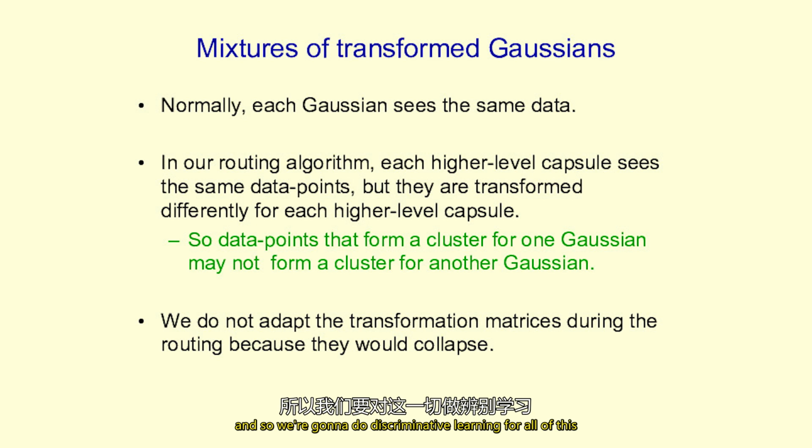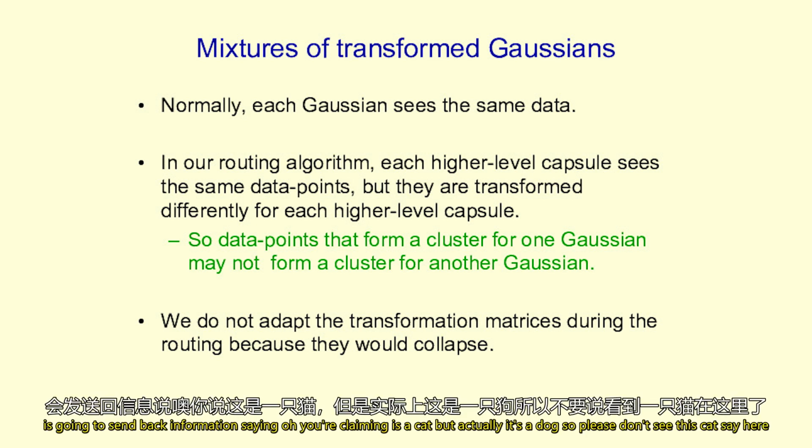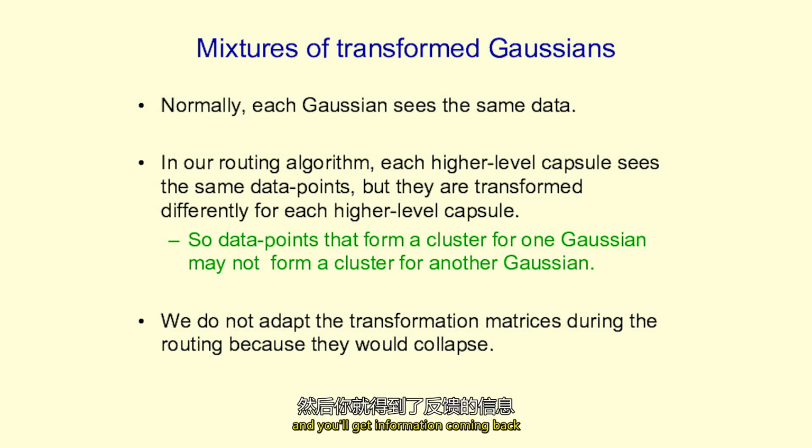And so we're going to do discriminative learning for all of this. So the high-level decision about what the object is going to send back information saying, oh, you're claiming it's a cat, but actually it's a dog. So please don't see this cat's ear here. And you'll get information coming back that says, make those votes for the cat's ear be less well clustered, and make the votes for the dog's ear be better clustered.